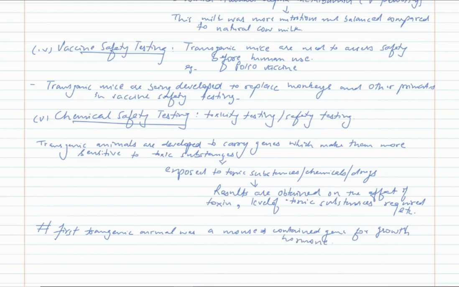Next, vaccines produced by genetic engineering. We have two examples: hepatitis B, which is a recombinant vaccine obtained from fungus or yeast, and the herpes virus vaccine.